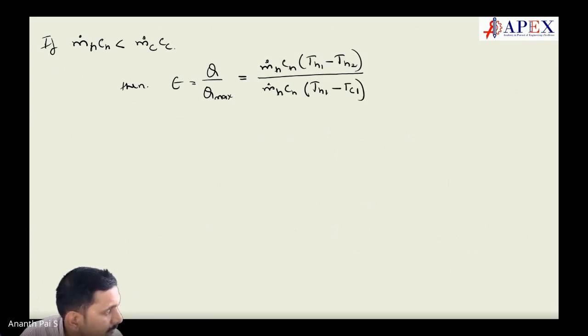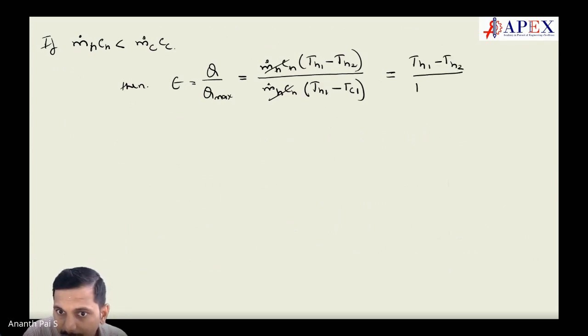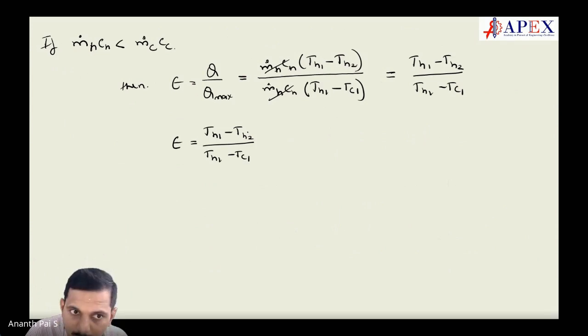So this can cancel, and I have TH1 minus TH2 divided by TH1 minus TC1. So epsilon equals (TH1 minus TH2) divided by (TH1 minus TC1) when m dot H C H is less than m dot C C C. Write it along with me, students.